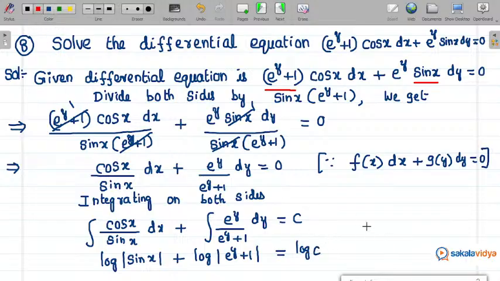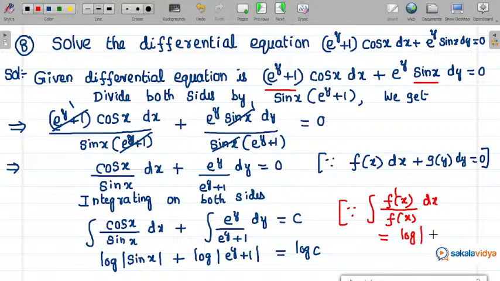Here, a very important formula in integration you should remember: integral f'(x) by f(x) dx is equal to log |f(x)| plus constant of integration. Both the terms are in this form itself, so directly I have written log |sin x| plus log |e^y + 1| equals log c.